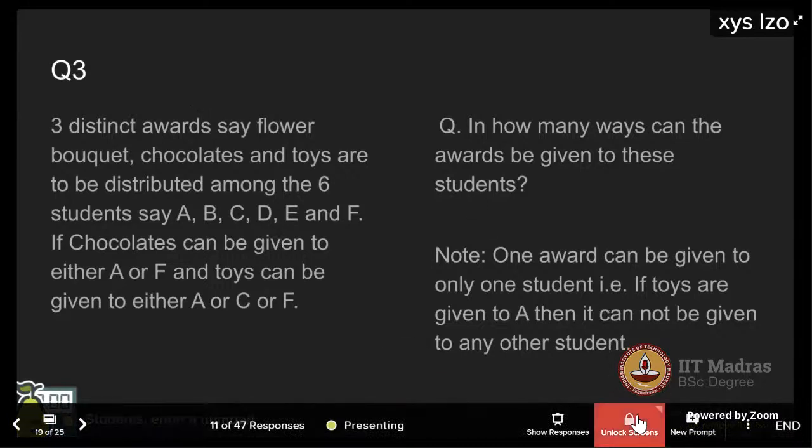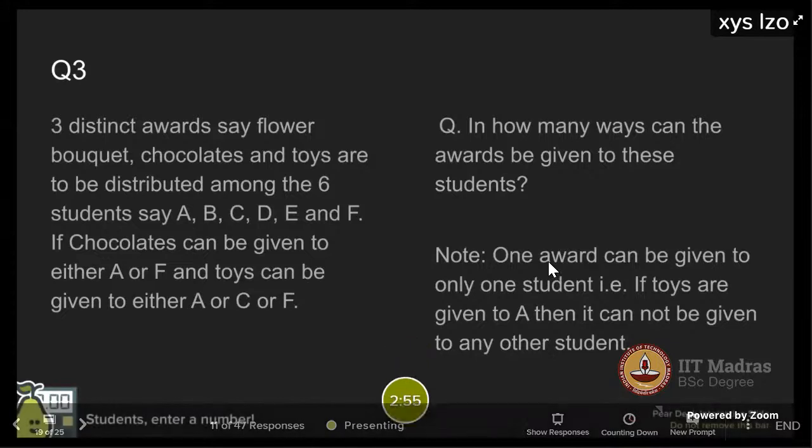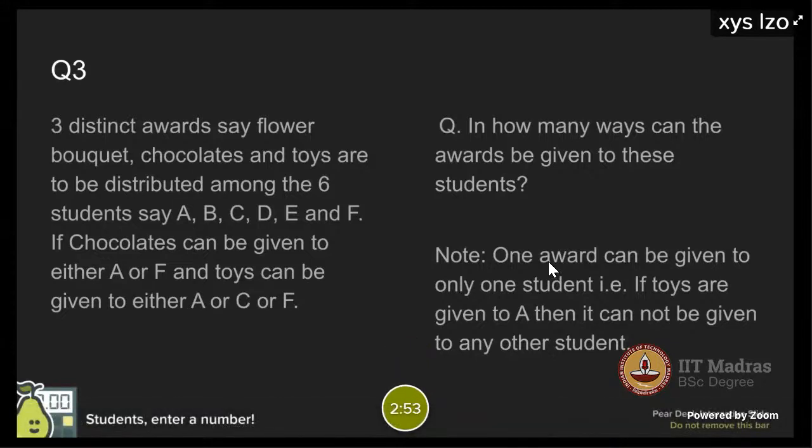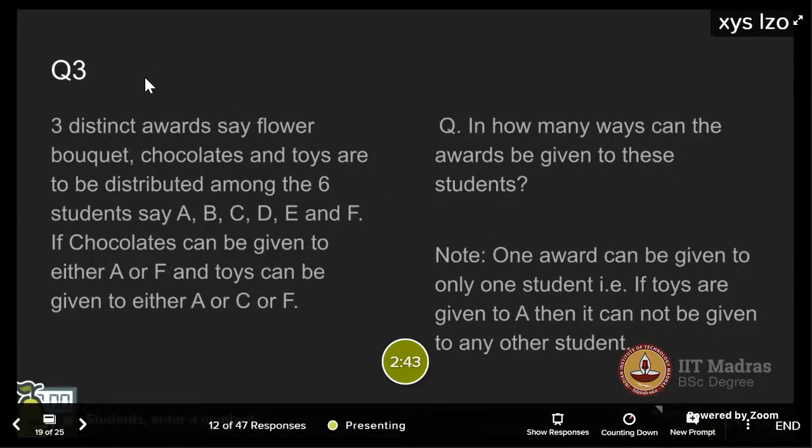It's not that if you have given chocolates to A and toys to C, you can't give the flower bouquet to any other student. You can do all three simultaneously, so in that case you have to multiply. Got it. Okay.